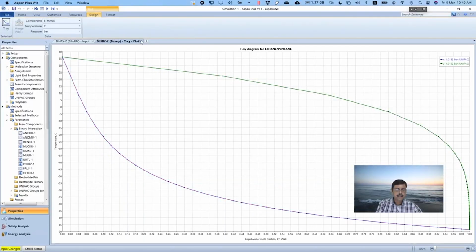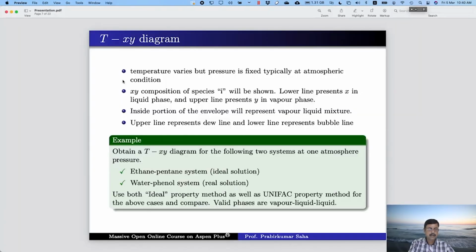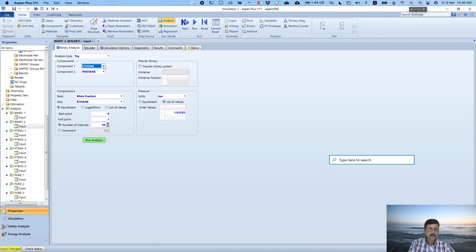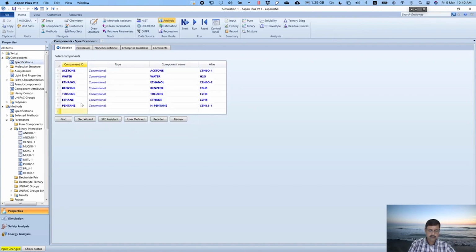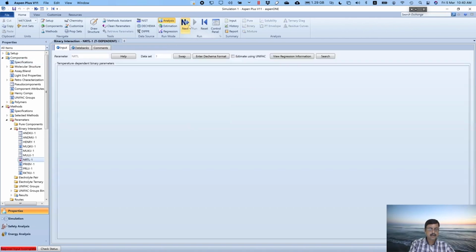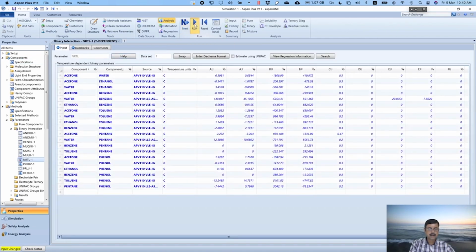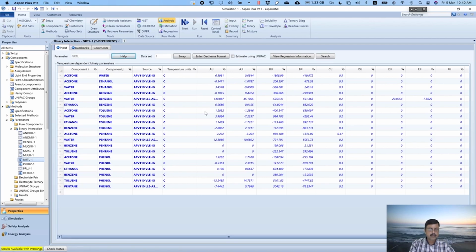Now let us take water phenol system instead. So this is water. We do not have phenol over here, so let us go to components and add phenol. And then next, run. Go to binary.